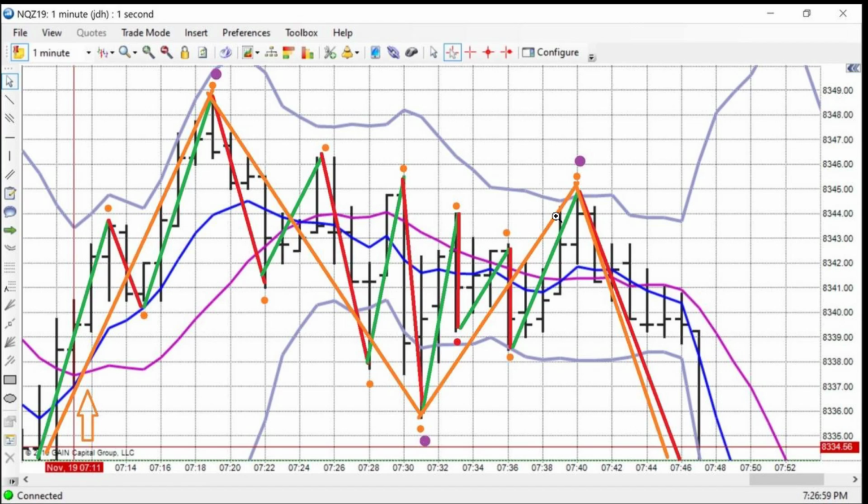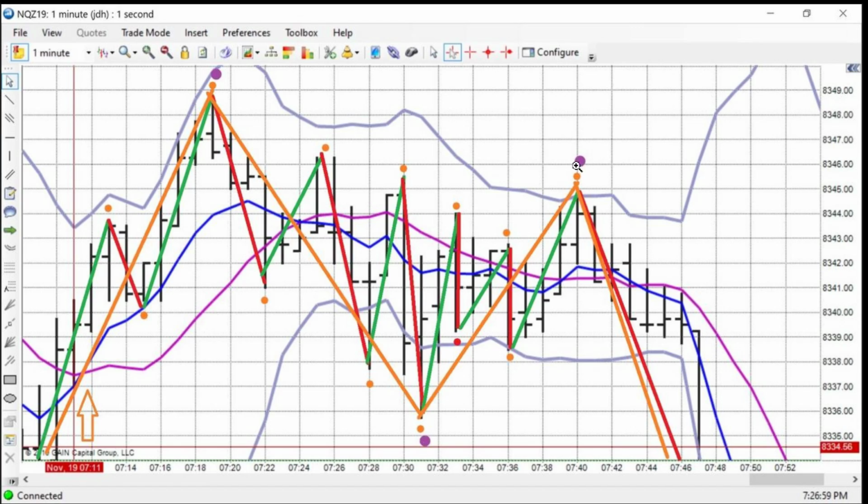And as this was occurring, because I was aware of the intermediate price structure, and I know that intermediate points are usually found in congestion areas, I was aware of what the market was about to do. I saw that the intermediate high was made here, you had an intermediate low here.